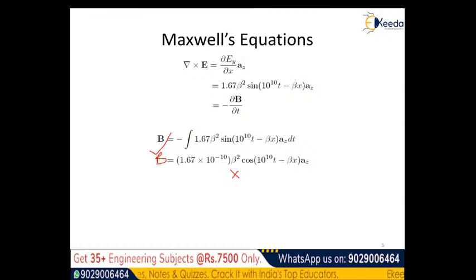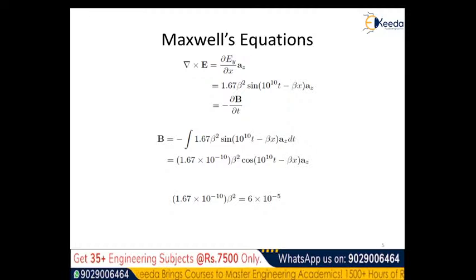So from this expression, by substituting the expression that we first had for capital B on the left hand side, we get 1.67 into 10 raised to power minus 10 into beta square equated to 6 into 10 raised to power minus 5.